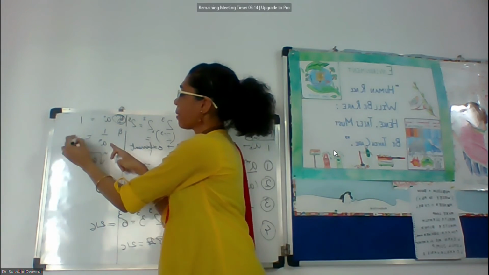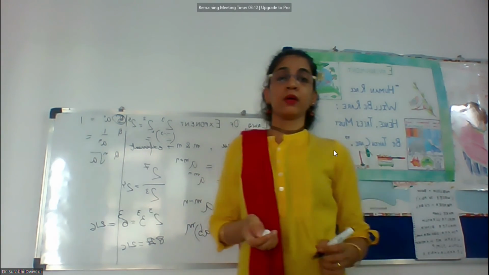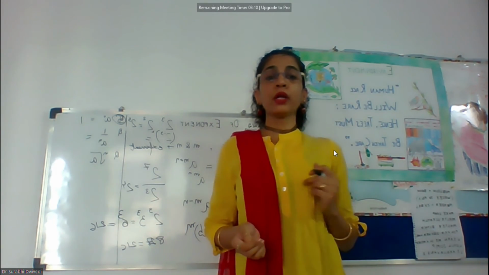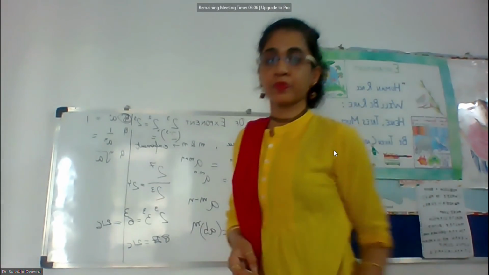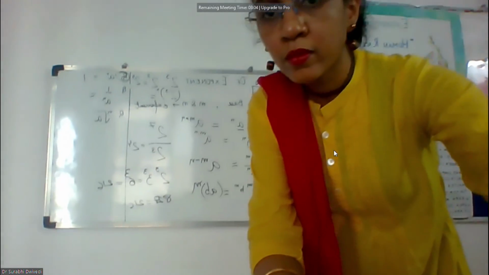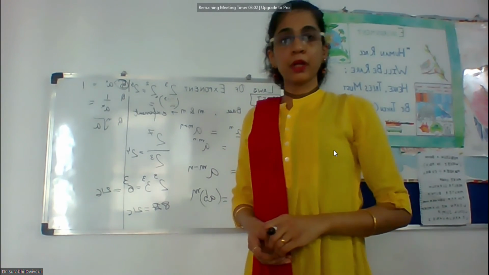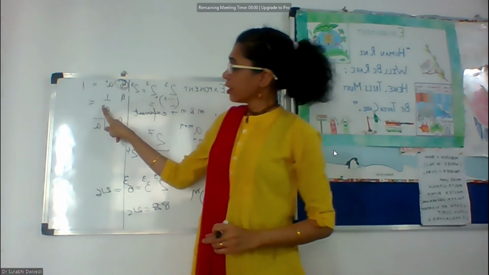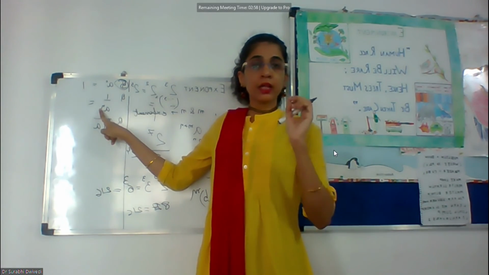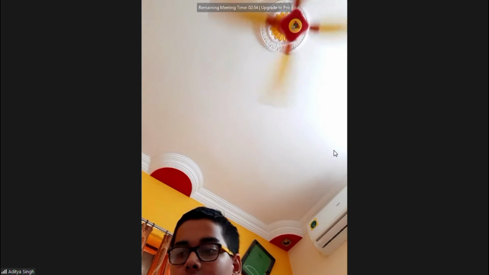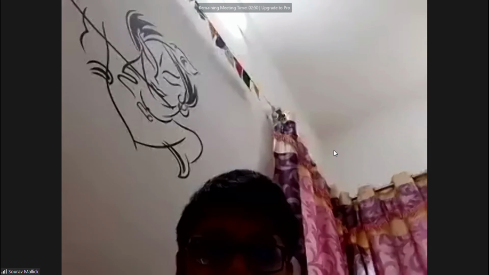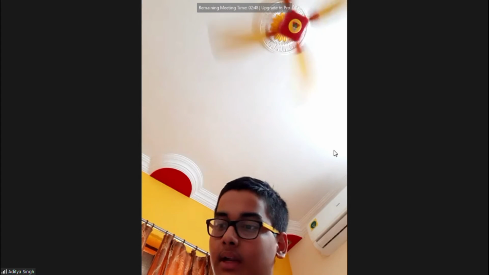What is 1 upon a to the power n? Perhaps you haven't studied this. If any exponent is in the denominator, when we take it to the numerator, its power will become negative.